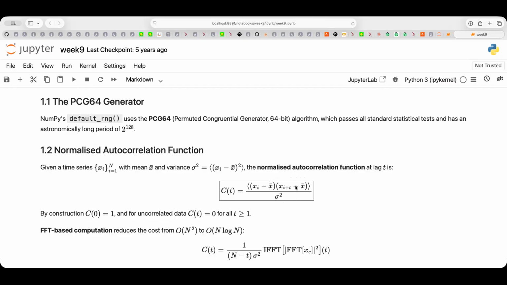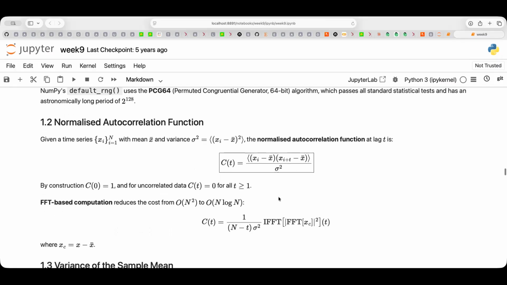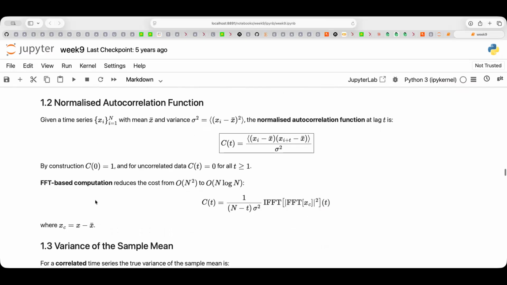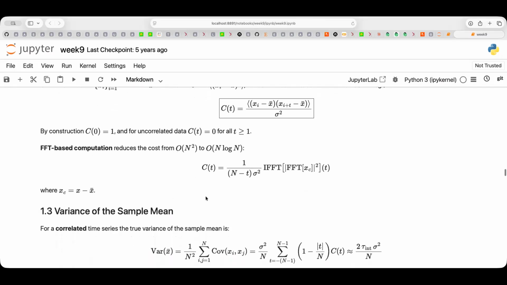So when t is equal to 0, this is just 1, as we saw in that example. Then instead of using a standard brute force calculation, you can perform a fast Fourier transform calculation of it. This is normally what is implemented. We are not going to discuss that here.